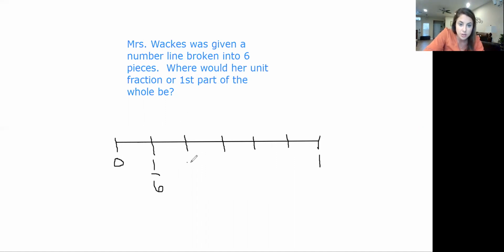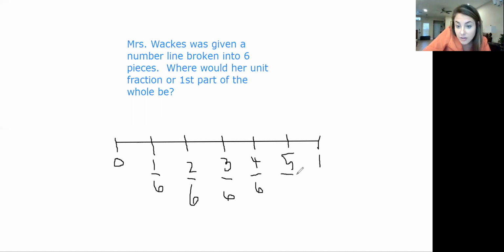The second jump is 2 parts out of 6, then I keep counting. 3 out of 6, keep counting. 4 out of 6, and then 5 out of 6. And if I go to that whole, that would have been 6 out of 6, right?